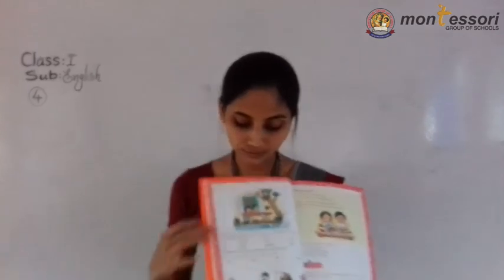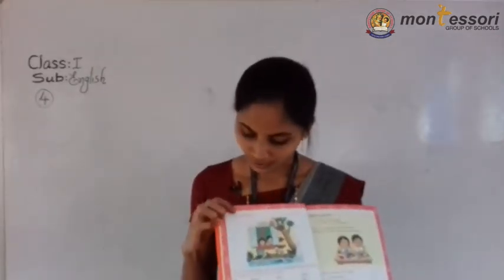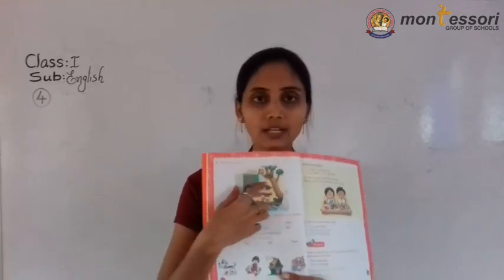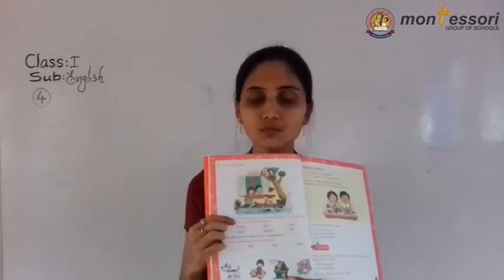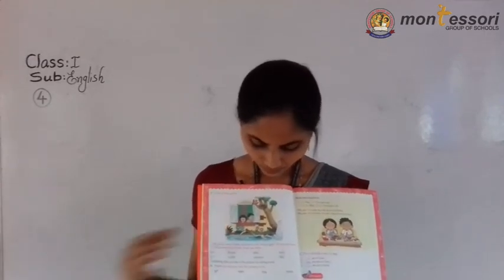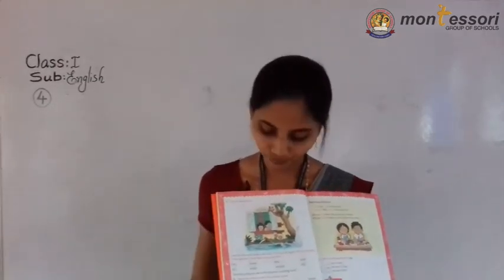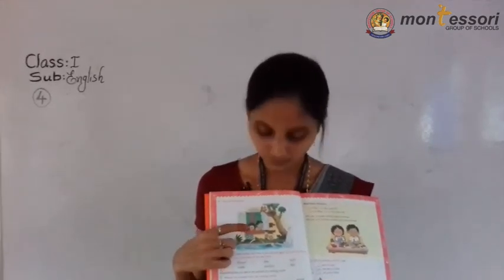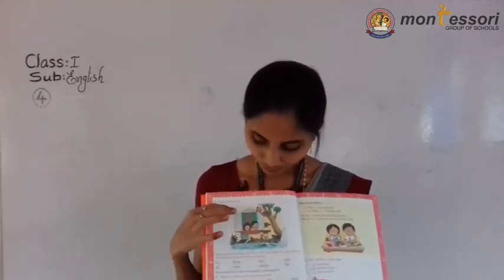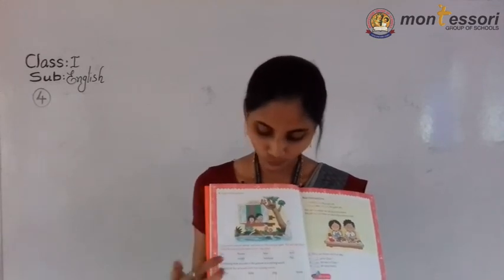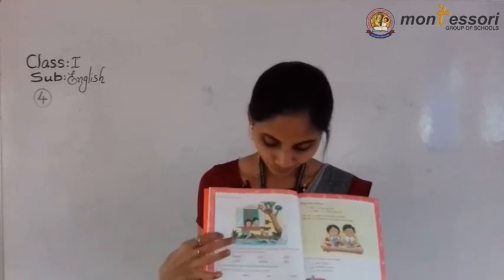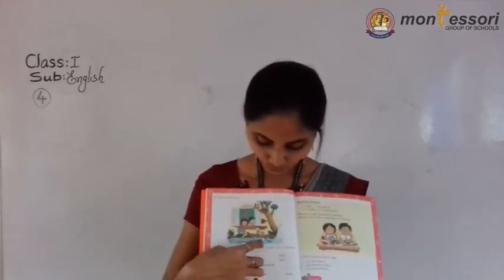First part, look at this picture. All are looking here in this picture. What are the things given in the pictures? Window, girl, boy, next flowers, water, tree, next fish.